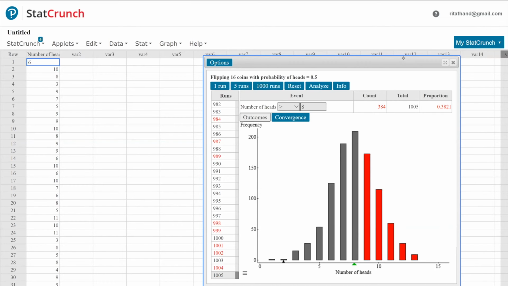So flipping a coin 16 times, and you repeat this experiment 1,000 times, most of the time the mode of this distribution is actually 8, which is the same as what we guess using classical probability.